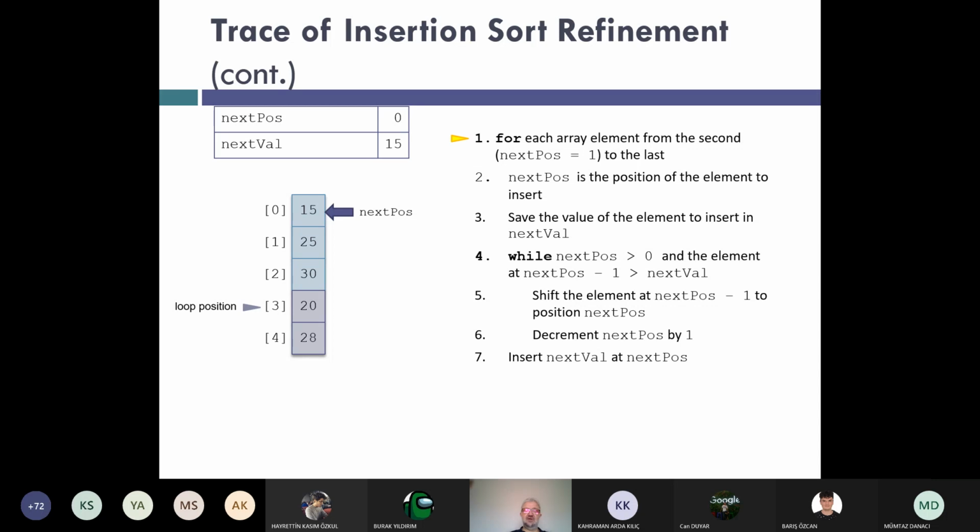And during the third iteration, we are going to insert 20 into this sorted sequence. Again, next pos is initialized, and next value is initialized to be 20. This value is copied. And in this while loop, we compare 30 with 20. 30 is larger, so it should be shifted.